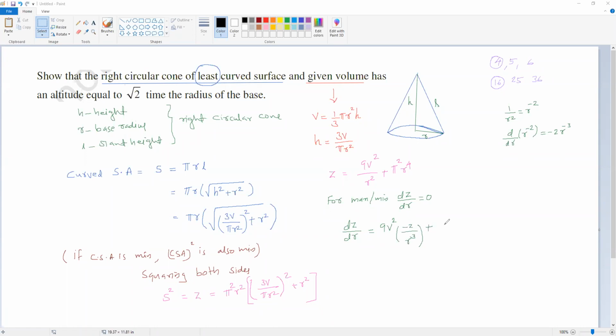Plus 4 r cube, so 4 pi square r cube. Now dz by dr is equal to 0 implies that -18 v square divided by r cube plus 4 pi square r cube is equal to 0.